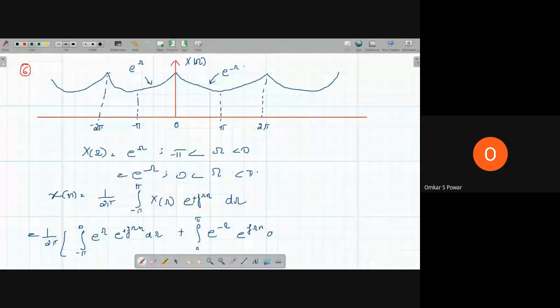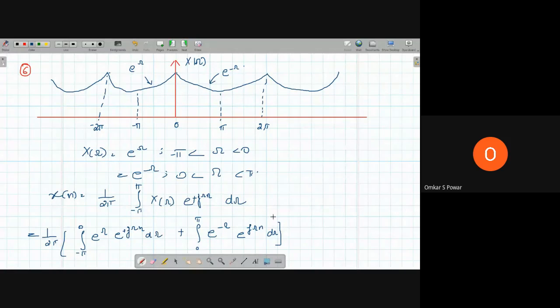So again, like previously, there are many steps you have to solve. Finally your answer should be, so this is just basic integration. Those things, integration and simplification, you can do. You should end up with the answer as 1 by pi, cos n pi e power minus pi minus 1, divided by minus n square minus 1.